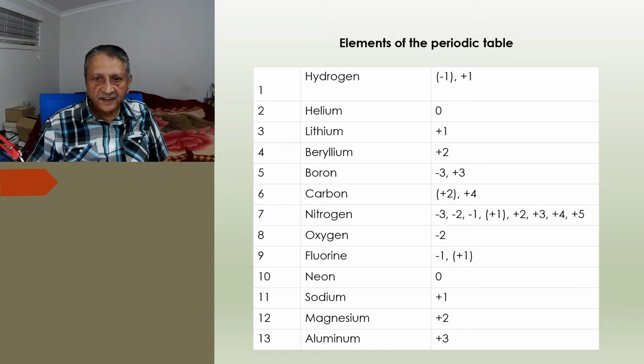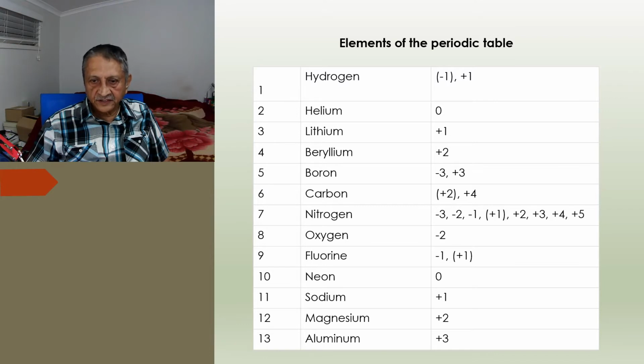You notice that lithium has got one proton, beryllium has got two protons, boron has got three electrons swirling and three protons. Lithium has got one electron, which is available there. Beryllium has got two electrons, and carbon has got two protons and four electrons.